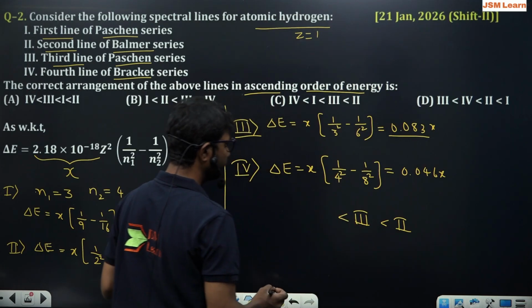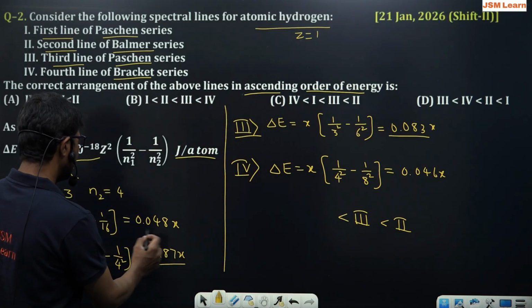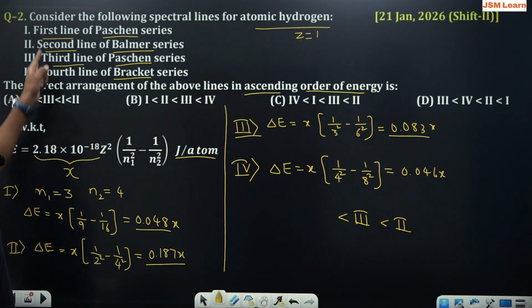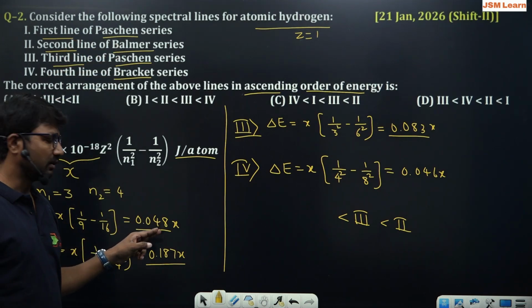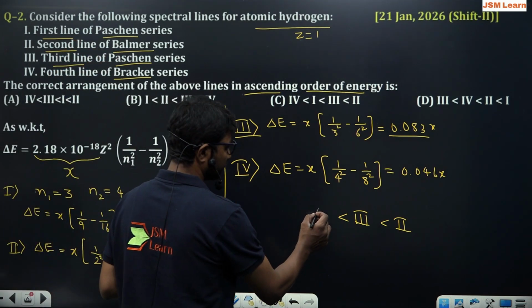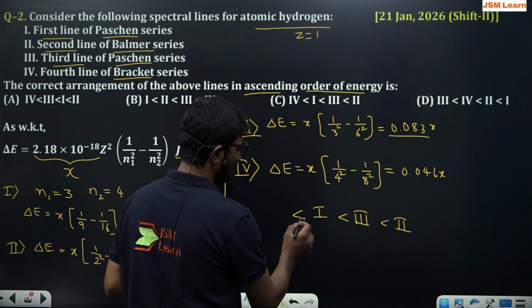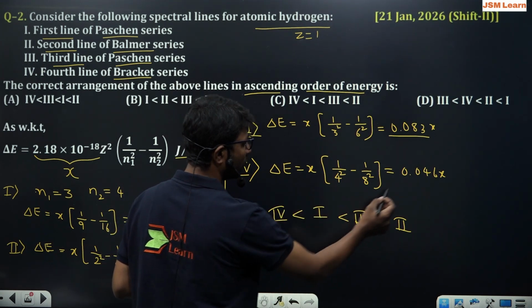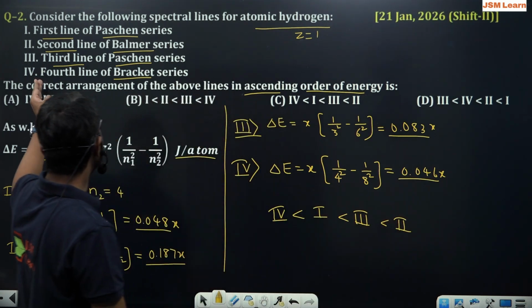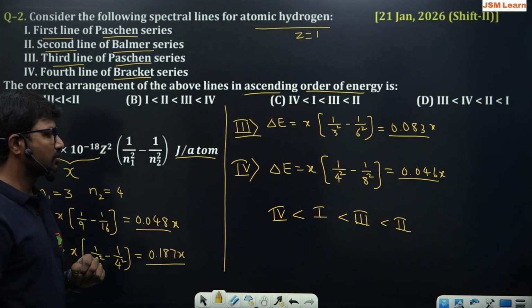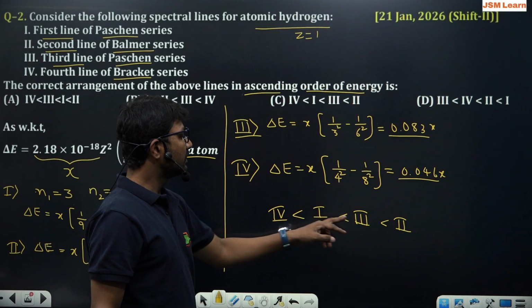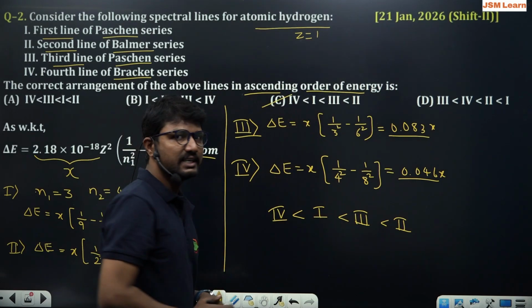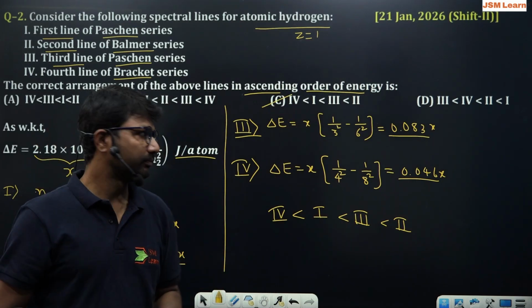Then, first one, first line of Paschen series, which is 0.048 into x. Then the remaining one is 4. So the fourth line of Brackett series is going to have the least energy. So the order is 4, 1, 3, 2. Option C in this case is the correct answer.